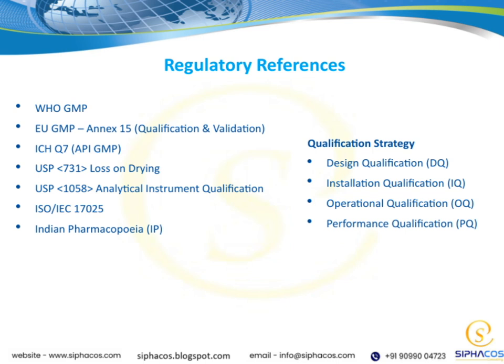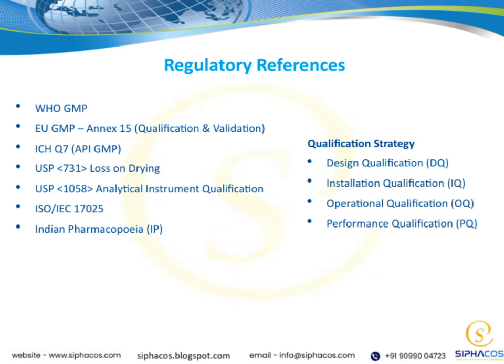Additionally, USP standards like 731 on loss on drying and 1058 on analytical instrument qualification set specific measurement and qualification criteria. We also align with ISO IEC 17025, which focuses on the competence of testing and calibration laboratories.